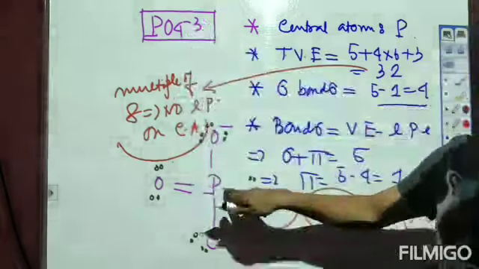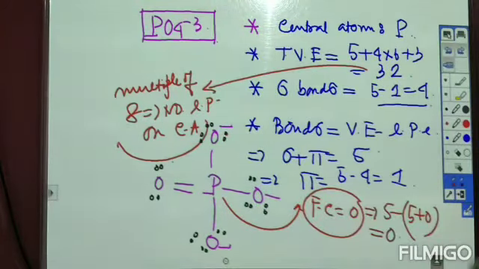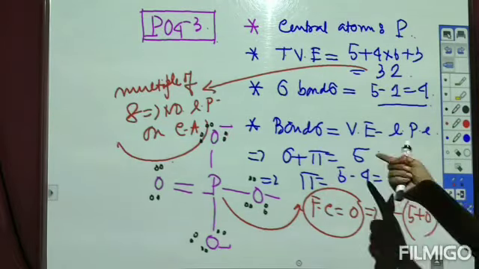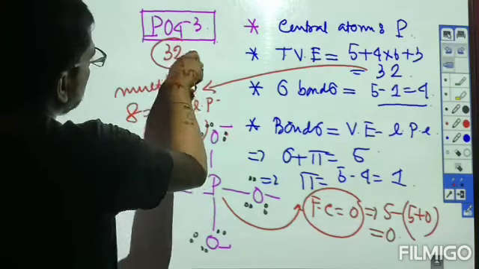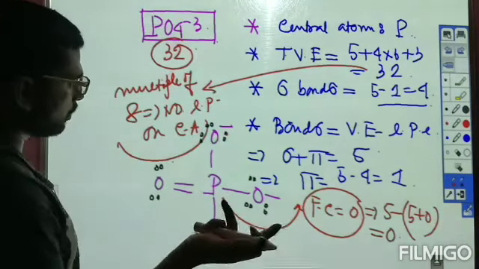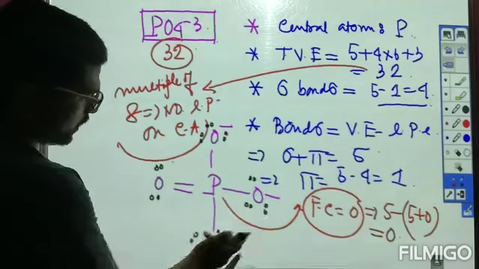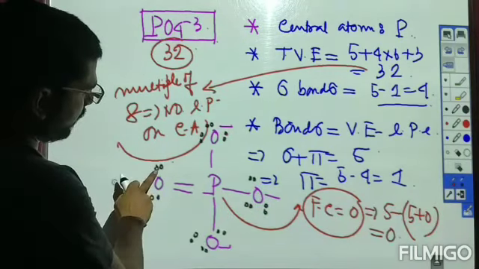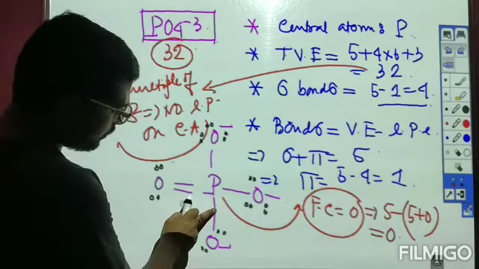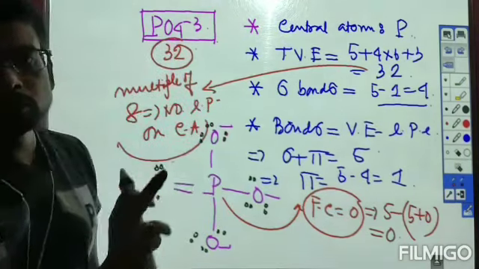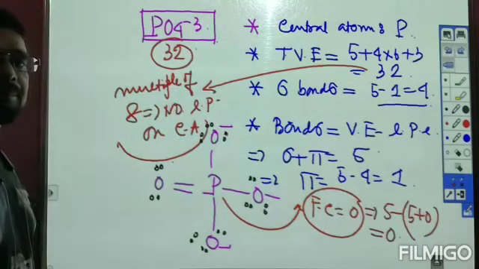PO4 minus 3. Now, if you count the total number of electrons, how many? 32. You just count: 6, 18, 20, 22, 24, 26, 28, 30, 32. So 32 electrons are there.